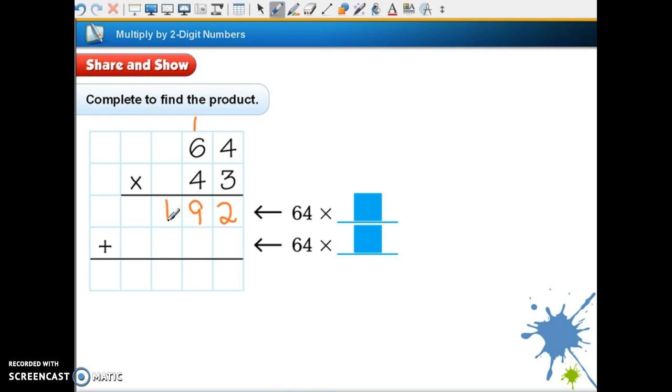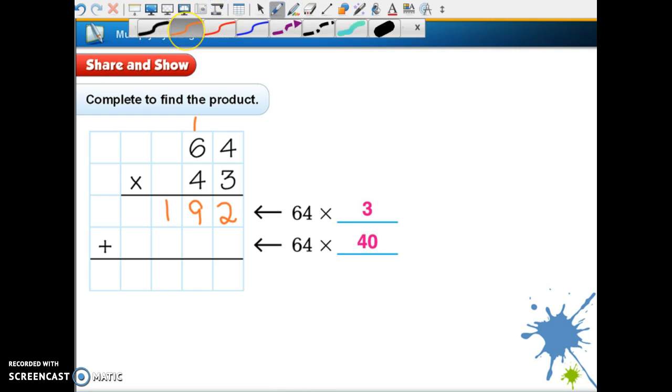Now we're moving on down to our next row, and we're multiplying by the 4 in the tens spot, or by 40 if you want to look at it that way. So we're going to put our 0 here.